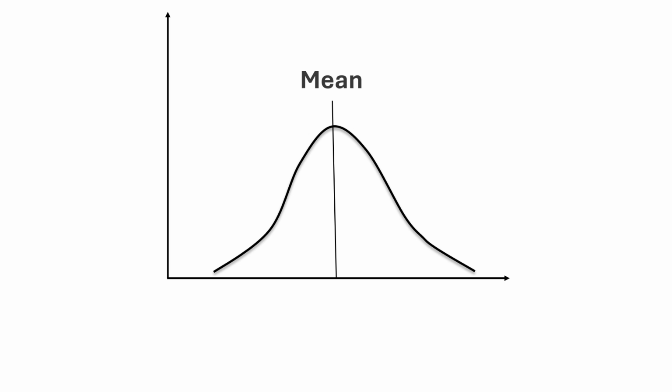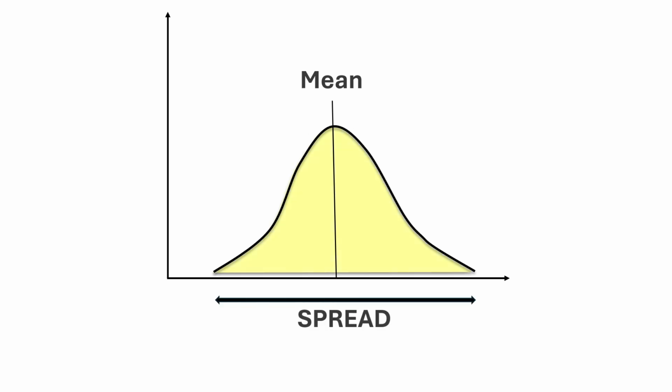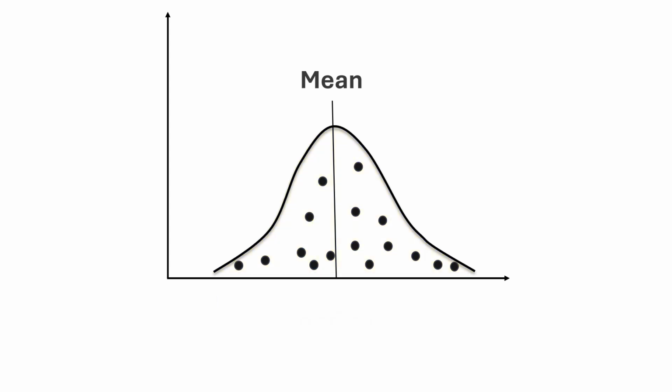Some of us might think that it is talking about the spread of the dataset, but no, because spread means how far the data values are scattered from one another or from the center. So spread is talking in terms of all the data points, whereas kurtosis talks in terms of data points that are only in the tail.